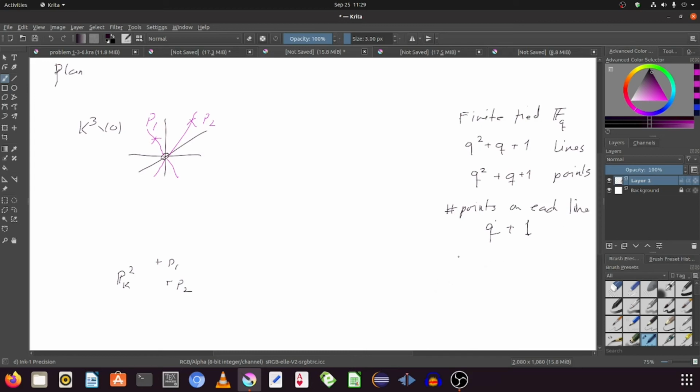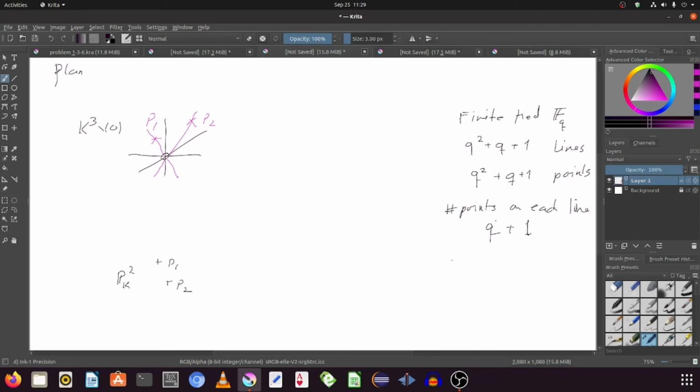Now, through two distinct points, there is one and only one line. And every pair of lines has an intersection point. If not in the affine space, then they're parallel. Then they'll have one at infinity, at the line at infinity.